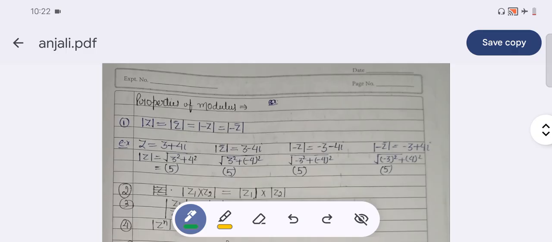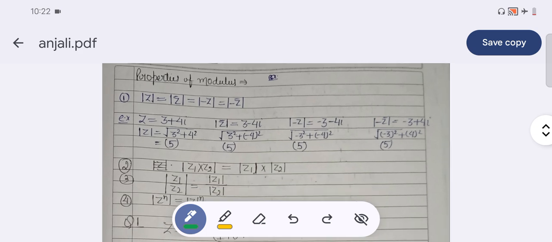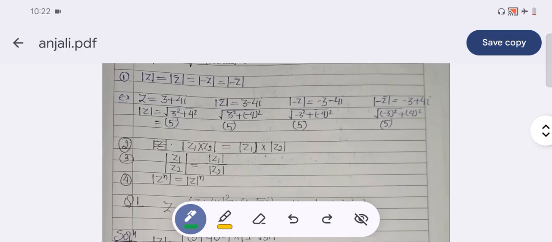For example, you can see, if you are given z is equal to 3 plus 4 iota, when we find out the mod of z, it is root of a square plus b square. So this will give us 5.